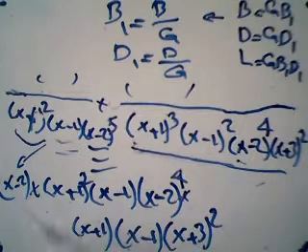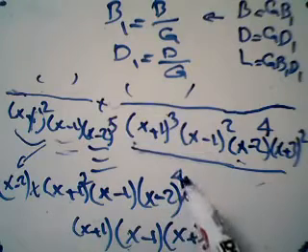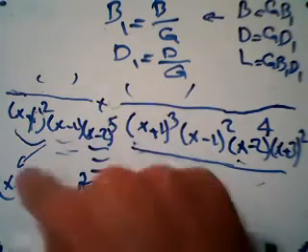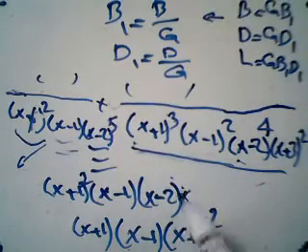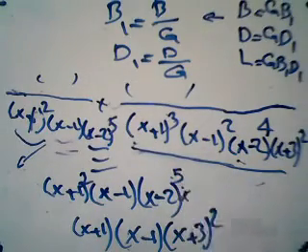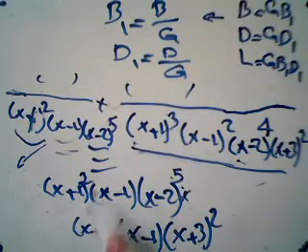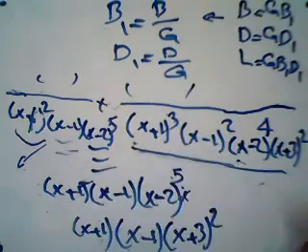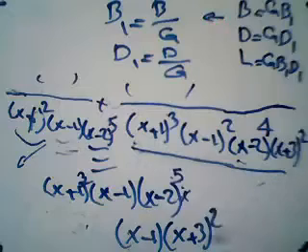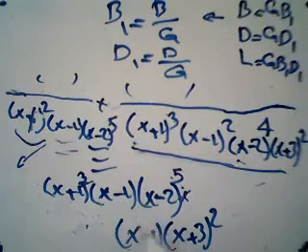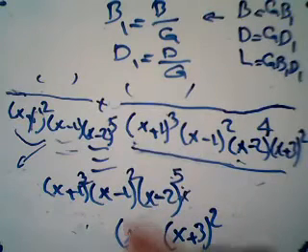And here we got x minus 2, here x minus 2 to the power of 4, so that would be x minus 2 to the power of 5. Here we got x plus 1 squared, here x plus 1, so that would be x plus 1 cubed. And here we got x minus 1 and x minus 1, so that would be x minus 1 squared.